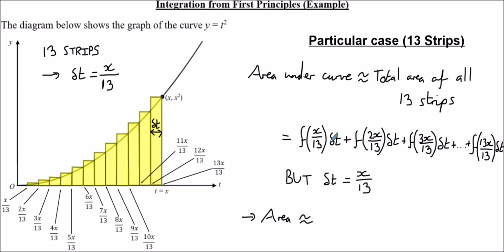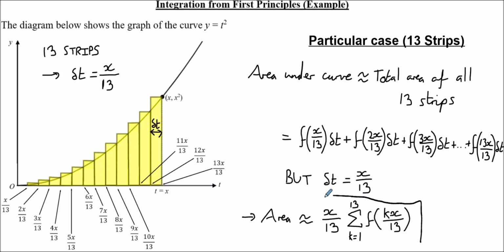So the total area is going to be x over 13 times the sum from k, where k is just a dummy variable, from k equals 1 up to the total number of strips, which is 13, of f of kx over 13. And so that's going to be the area approximately anyway.